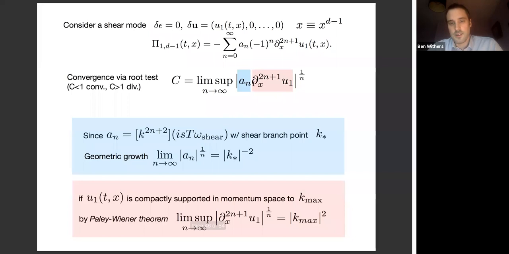The second piece is this purely spatial derivatives of U. So for this, we invoke this Paley-Wiener theorem, and we say that if U is compactly supported in momentum space up to some maximum momentum, k max, then by this theorem, in position space, it's an entire function of exponential type k max, which means this limit superior of these derivatives to the power of 1 over n is actually k max squared.